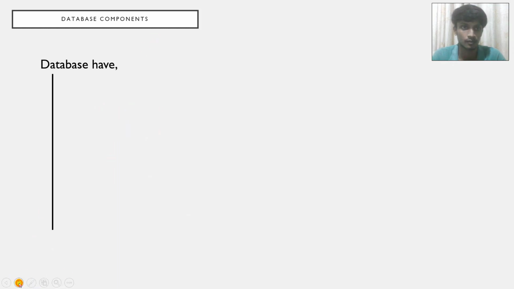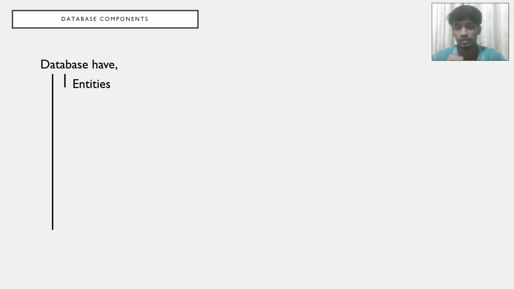Okay, so database components. Basically a database has entities. What is meant by an entity? An entity could be a place, a person, or any other instance.